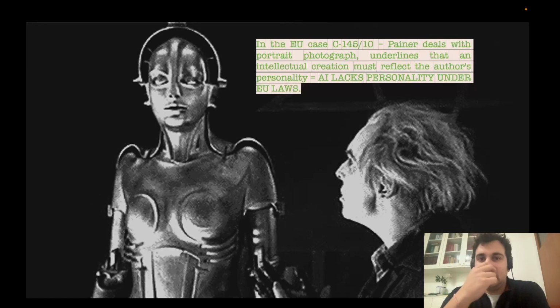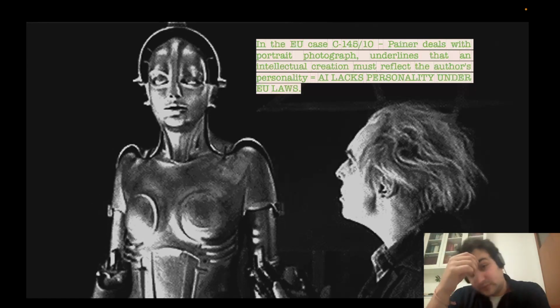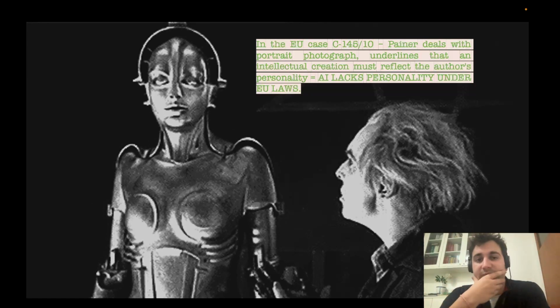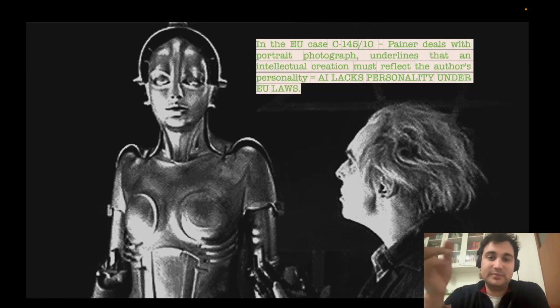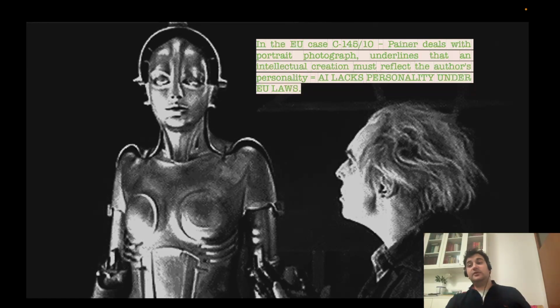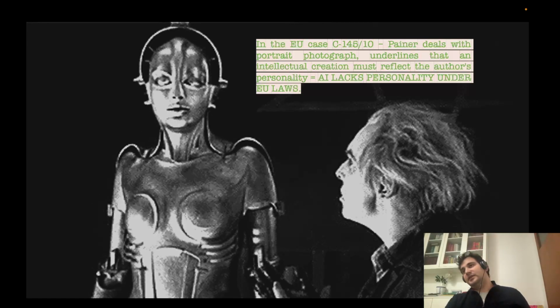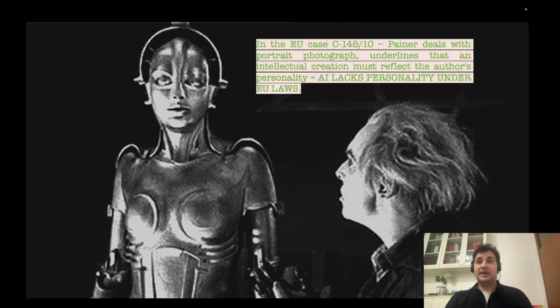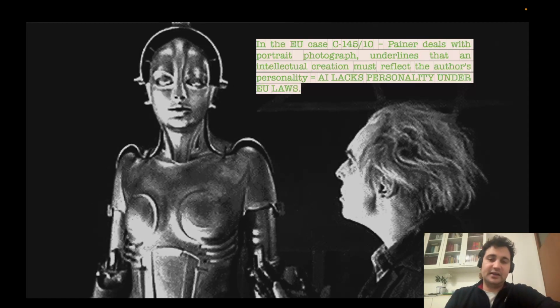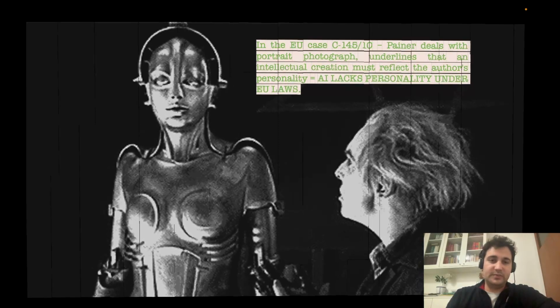While in Europe, the case of Painer, which deals with photographs, as we mentioned before, underlines that the intellectual creation must come from a human agent, and AI clearly lacks personality under EU law. We've seen before, even in the opinion of Advocate General Trstenjak, that human agency is clearly seen even in Article 6 of the Term Directive and in basically all the copyright legislation of the European Union.